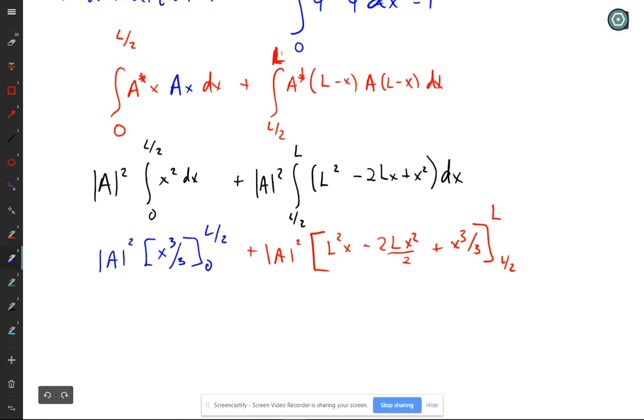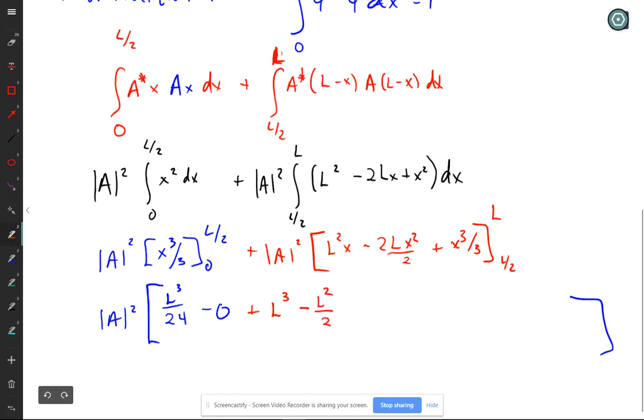And now we just have to put in our values. |A| squared, and now I'm just going to factor |A| squared out from everything because everything had an |A| squared in it. That's going to be L cubed over 3 times 8 is 24 minus 0. That's my first one. And then plus L cubed minus L cubed over 2. That's putting in the upper and lower limits for the first term.